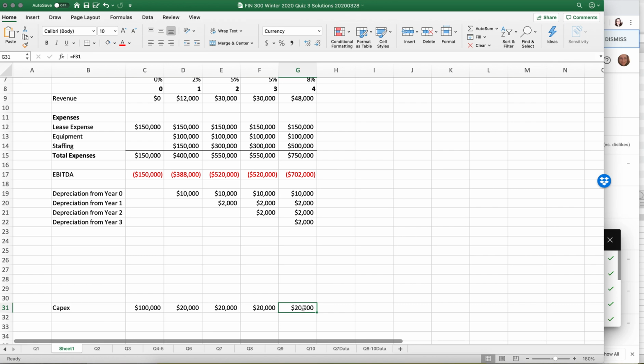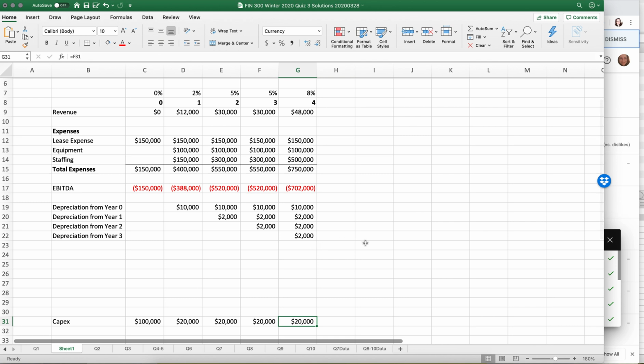And notice that there is no depreciation from year 4, and that's because it starts in year 5, and we're only going to go out to year 4.